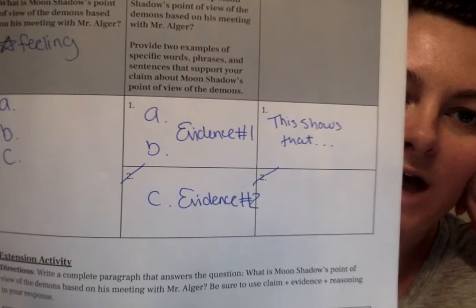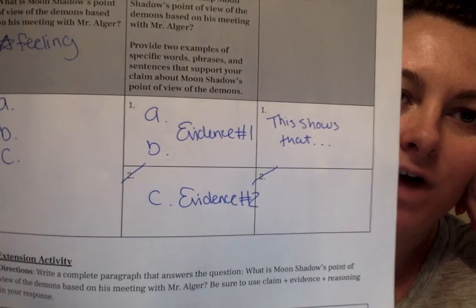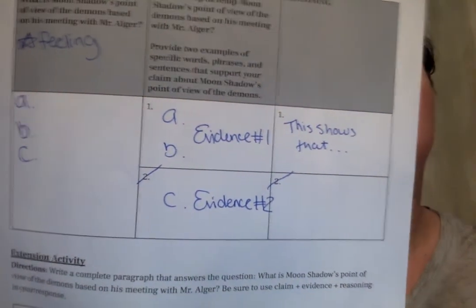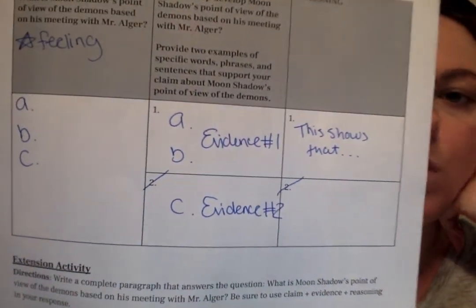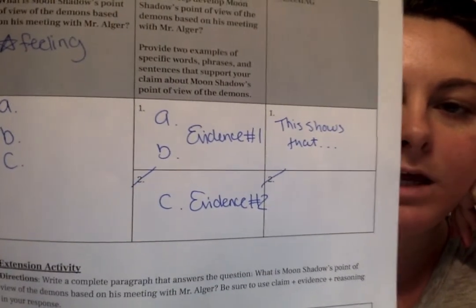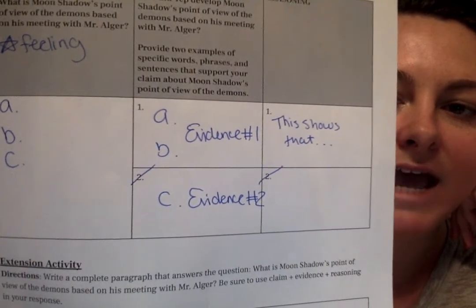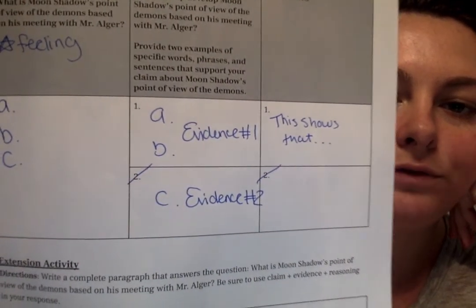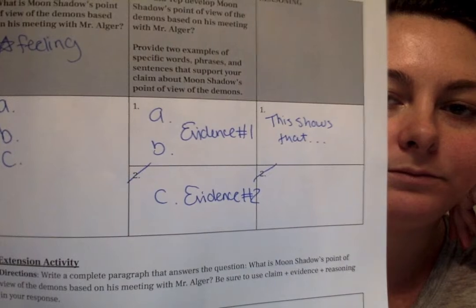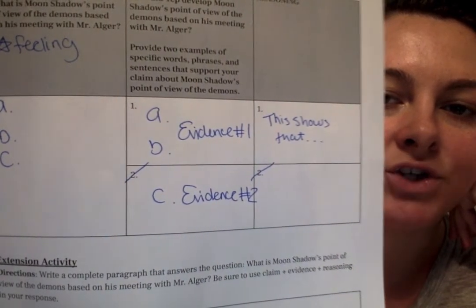So if you say that Moonshadow's point of view of the demons is that they are all evil, awful beings who want to cause harm to all the Tang people, then you need to give me a piece of evidence from the pages today that prove to me that that is true. Hint, hint, that is not true.